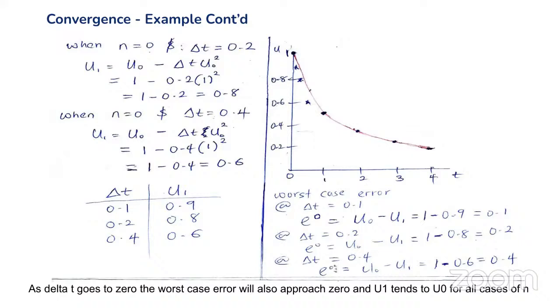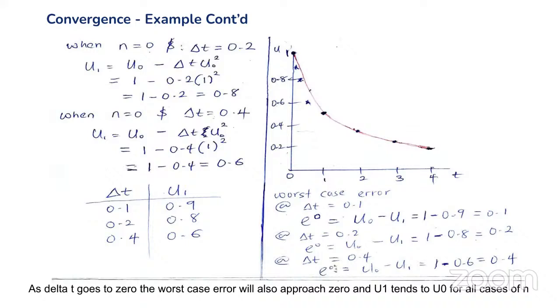So we can say that the worst case error, of course, we have talked about what the error is. And the worst case error e naught over here is equal to u naught minus u1. It just simply tells us e raised to power n. We are talking about the first iterative value, n equals 0. So that's why I have e raised to power 0 there. So it's equal to u naught minus u1.